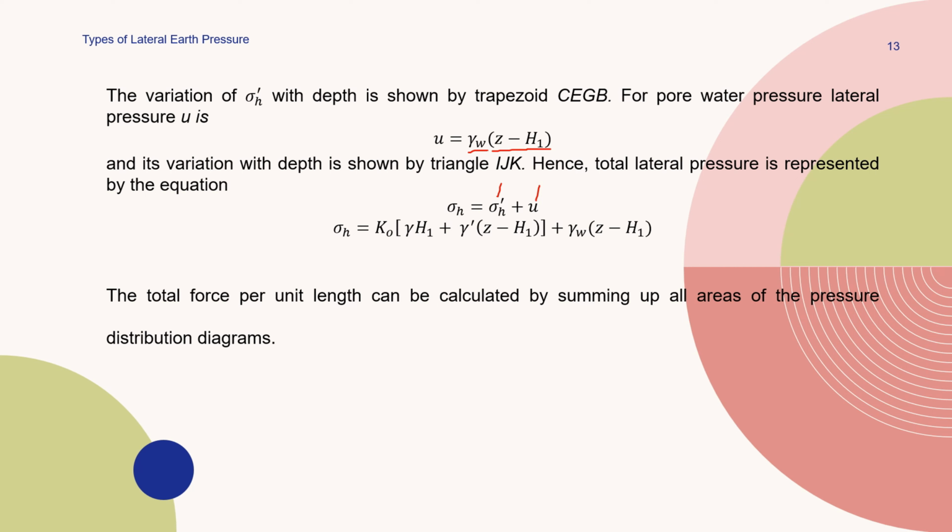Same sa pag-calculate sa total force per unit length sa dry soil, same ra pud siya sa pagkuha diri nga condition partially submerged soil. Ang total force per unit length kay kuhaon lang ang area sa pressure diagrams. However, sa case nga ni daghan na og figures ang i-consider nga areas.